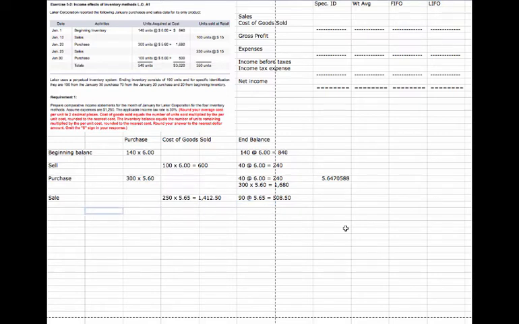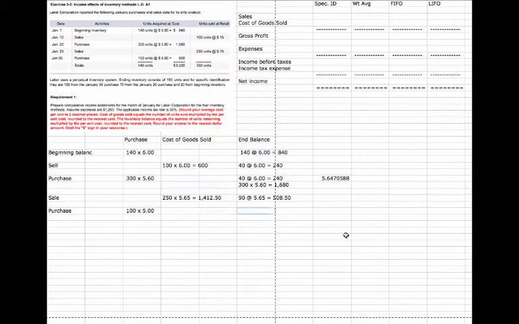Now the last one we have to do is my last purchase. And here I purchased 100 items at $5, or $500.